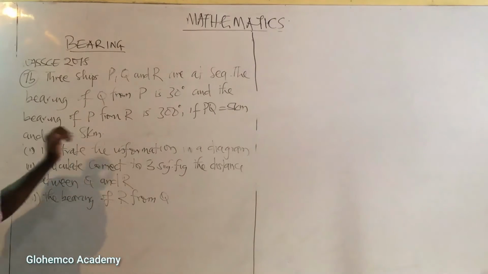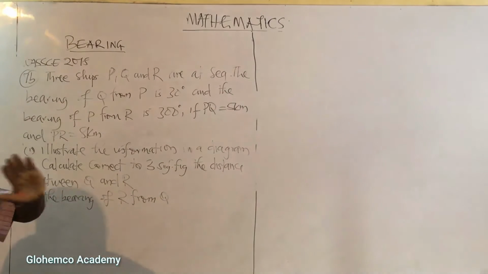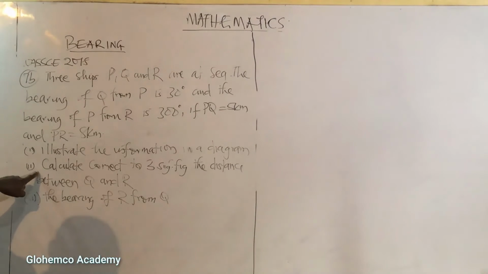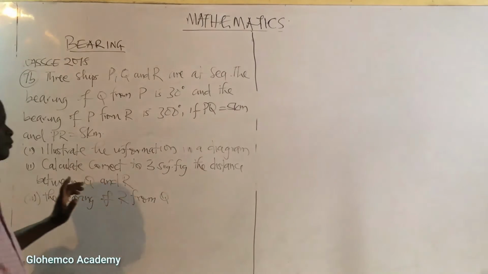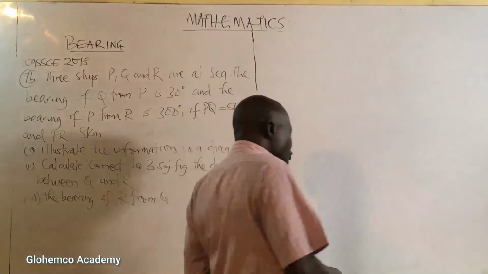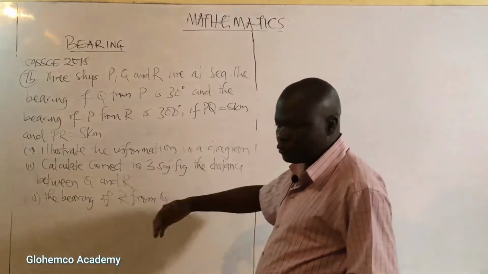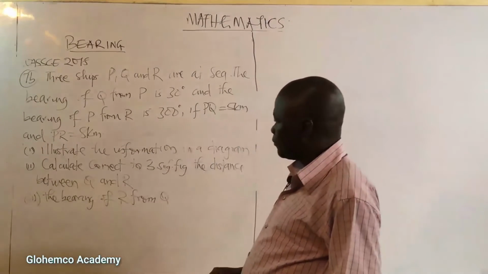Question 1, illustrate the information, draw the diagram. Without diagram, no mark. It means the diagram will lead you to the mark. So you have to draw the diagram, then you start your calculation 2 and 3. And the question is so simple to easily score everything. So that is why you need to understand the topic very well.